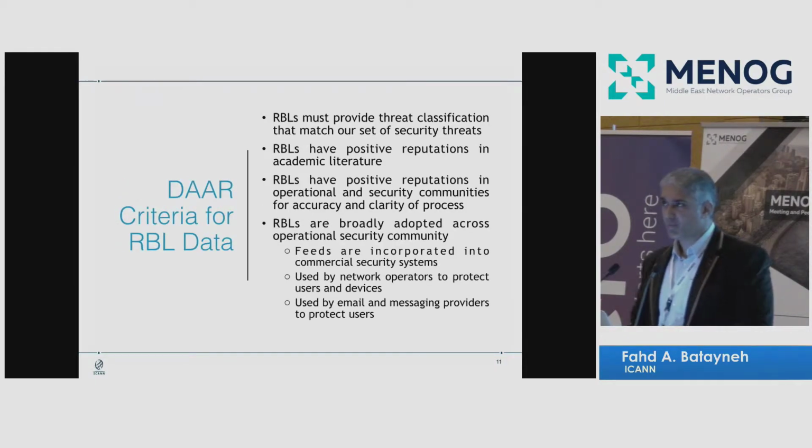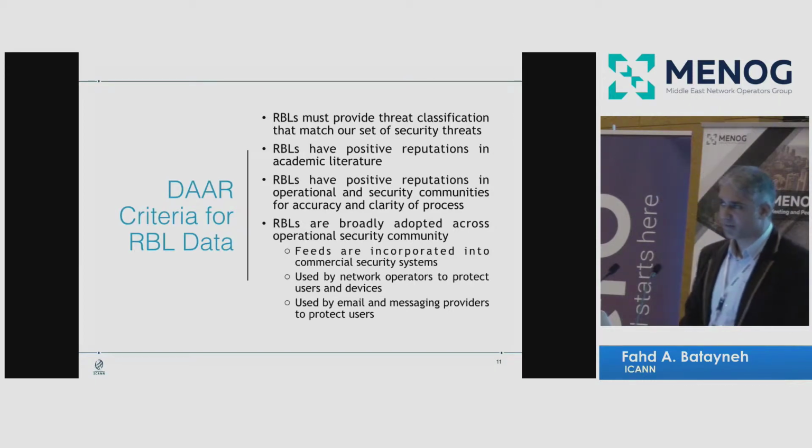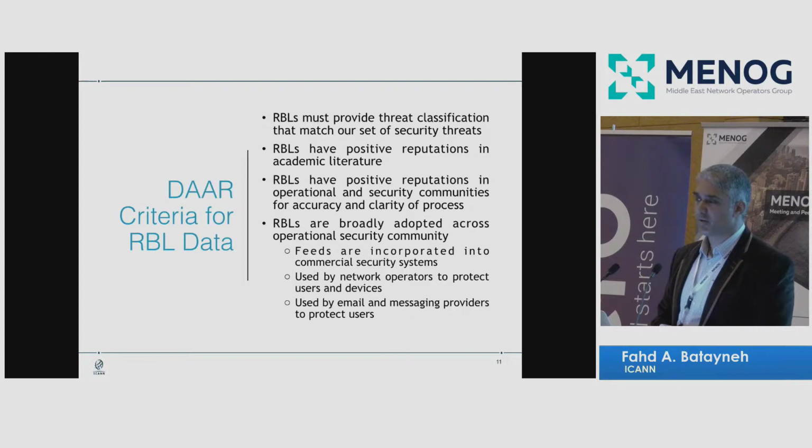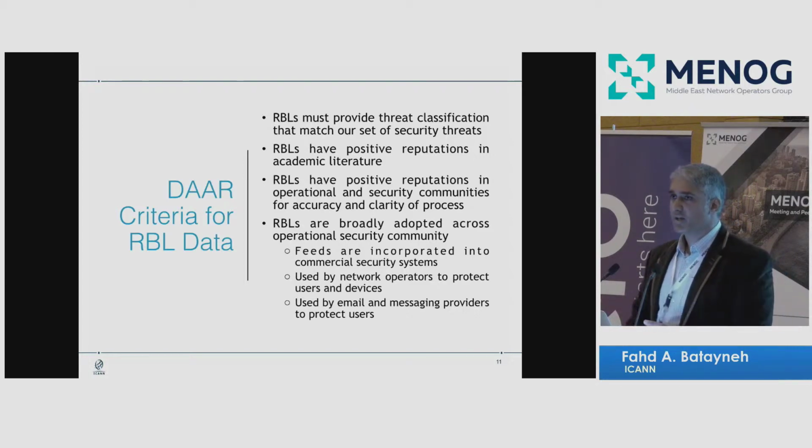Now, when it came to selecting the reputation block lists that will feed into DAAR, the system was initially designed to have a specific prototype, seeking a certain amount of data, and of course reporting this data in a certain way. And so these factors were taken into consideration when selecting the different RBLs.